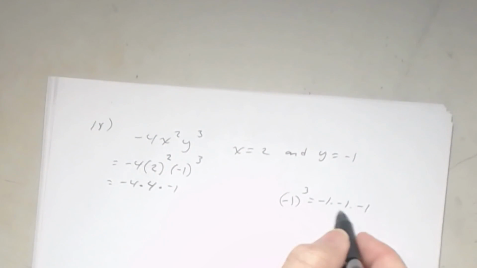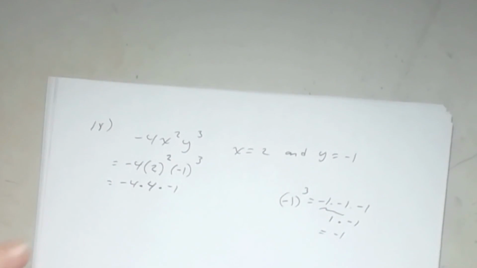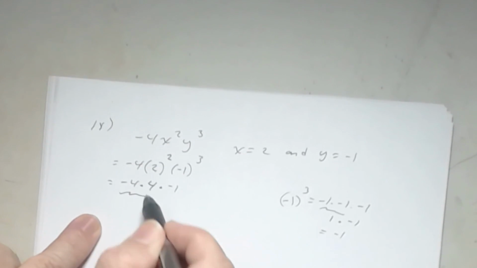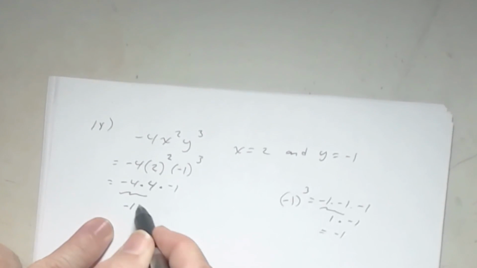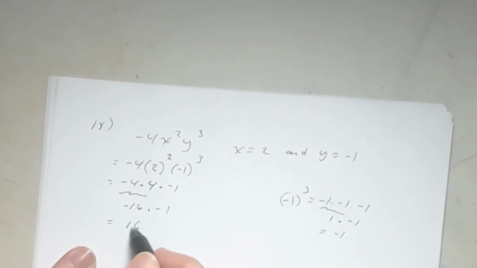And so -1 times -1 is 1. 1 times this -1 is what kind of number? -1. All right, so that's what you would do next. And then you would just multiply from left to right. What's a negative 4 times a positive 4? And what's a negative 16 times a negative 1? Positive 16. Okay? All right, so that's the steps you would show.